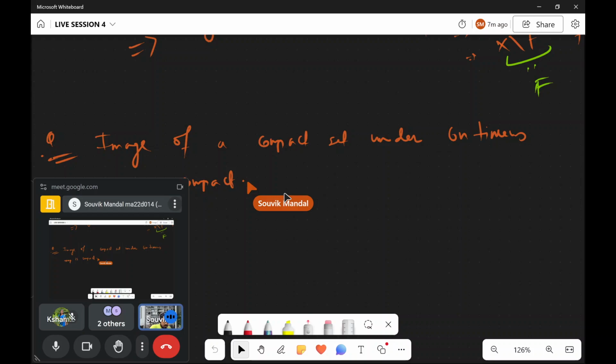Let me know, are you aware of this fact? That is, if f is a map from X to Y and f is continuous, and if X is compact, then this implies f of X is compact.